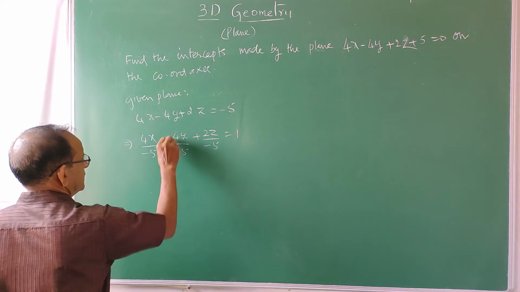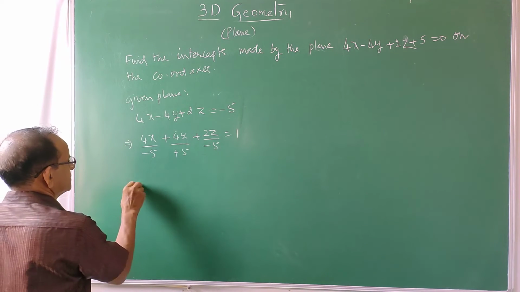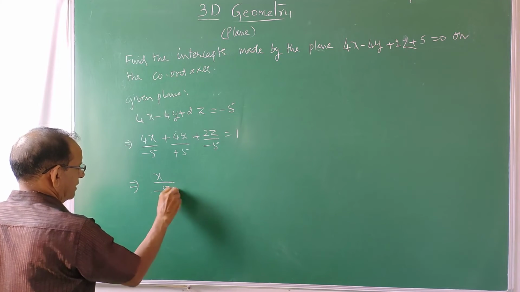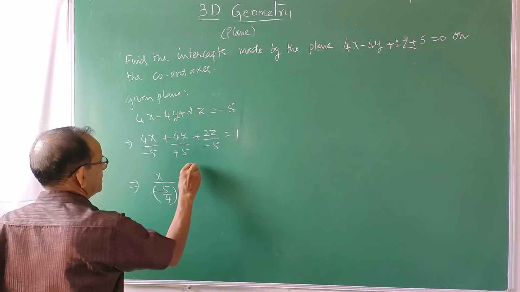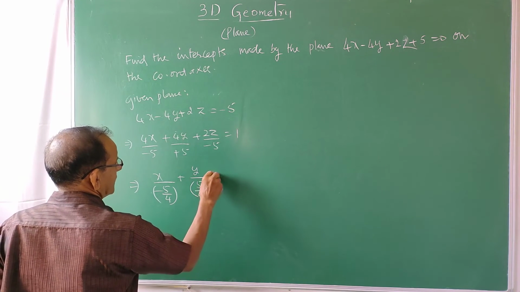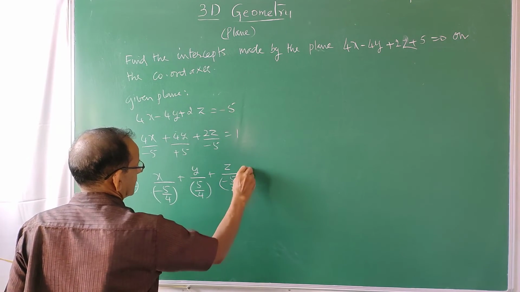Then here minus and minus will become plus. So you can change this as x by minus 5 by 4, and this can be changed as y by 5 by 4, plus z by minus 5 by 2 is equal to 1.